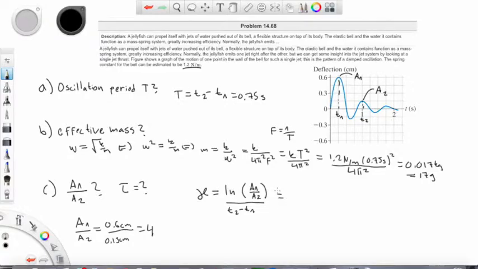So in our case, ln A1 over A2, we know that this is 4, so we get ln 4. The time between the two peaks is just a period, 0.75 seconds. And this gives us 1.85 1 over a second.